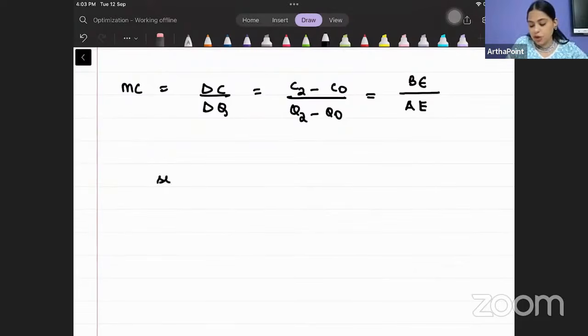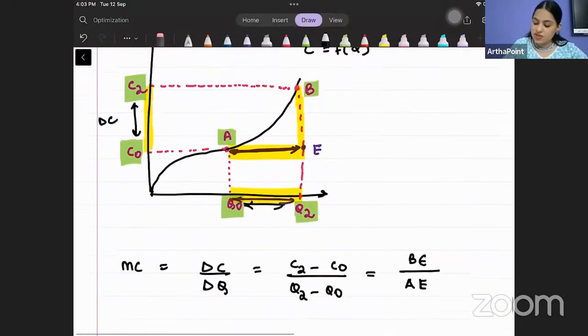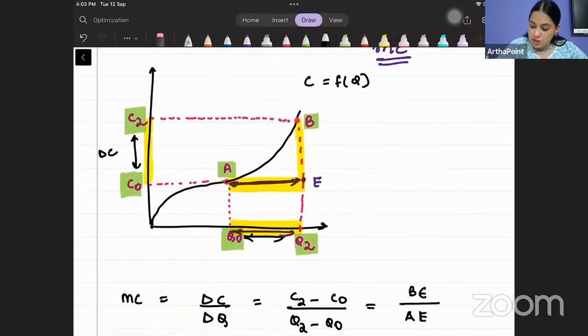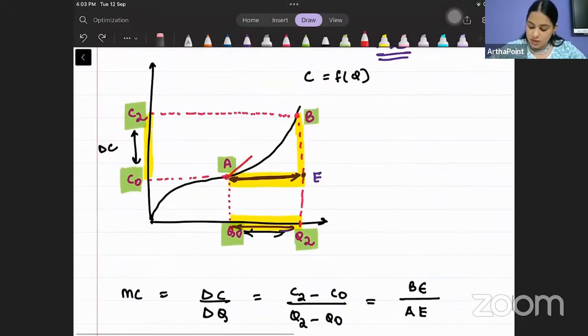मैथमेटिकली स्पीकिंग जो हमारा स्लोप होता है किसी का भी, दैट इज परपेंडिकुलर बाय बेस. व्हाट इज स्लोप बेटा? परपेंडिकुलर बाय बेस. परपेंडिकुलर बाय बेस इज कॉल्ड द स्लोप. सो इफ आई जस्ट गो बैक एंड आई चेक हियर, तो ये जो मेरी लाइन है ना, if I join line AB, this one, huh?